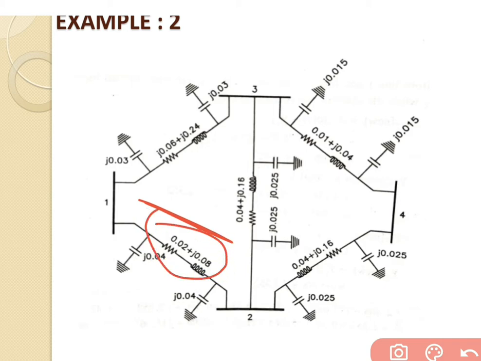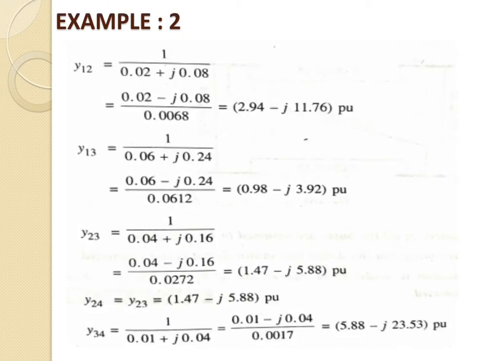This is the value of impedance, so let us convert it into admittance. We write Y12 = 1/Z12. Putting the value of impedance, 1/(0.02 + j0.08). To remove the denominator term, multiply by 0.02 - j0.08 in the numerator as well as the denominator. We will get the answer 2.94 - j11.76 per unit.